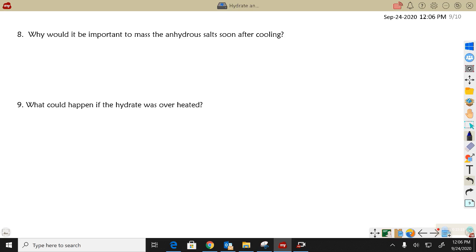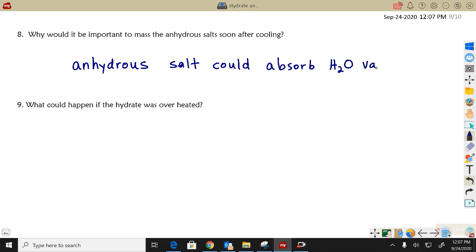Hydrates like water. They're stable when they have water in their structure. And there's water in the air. So if you wait too long, the anhydrous salt could absorb water vapor from the air.